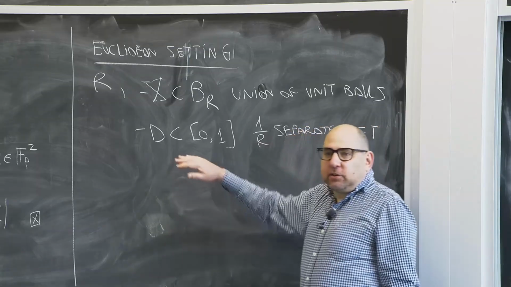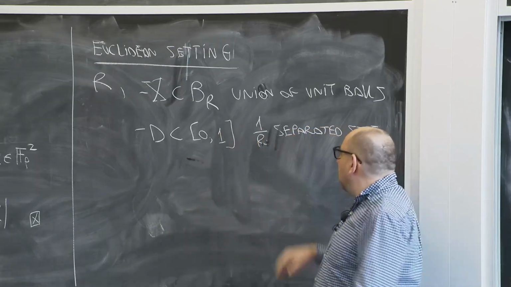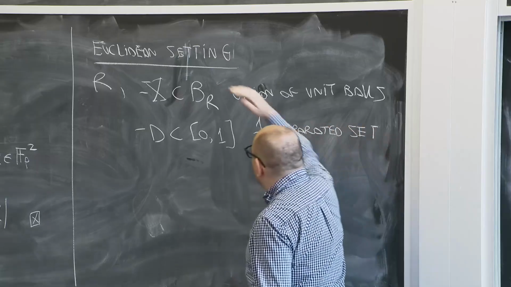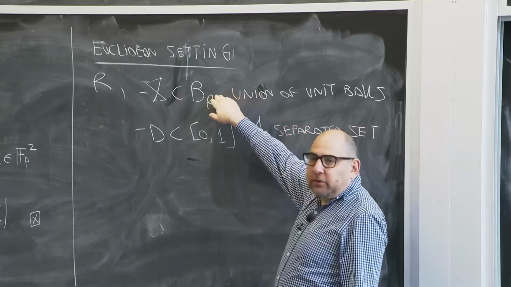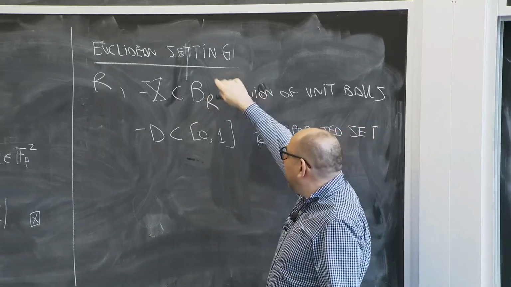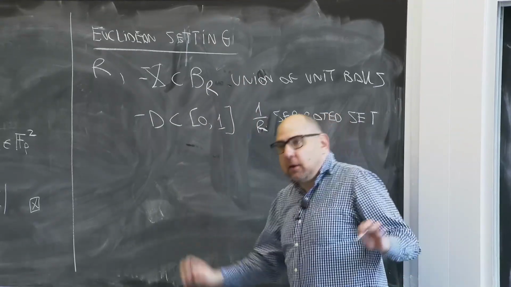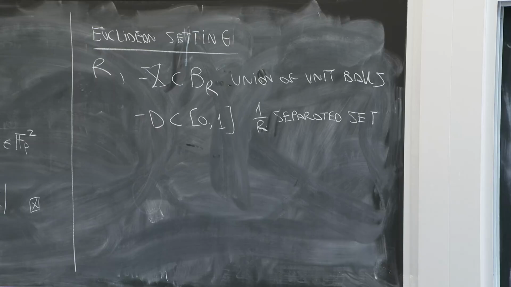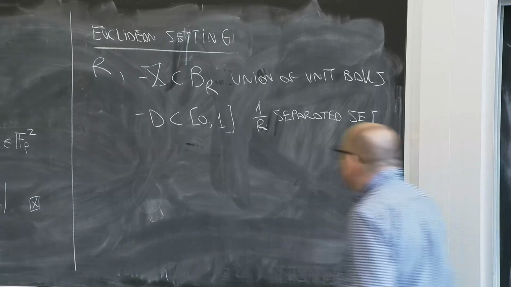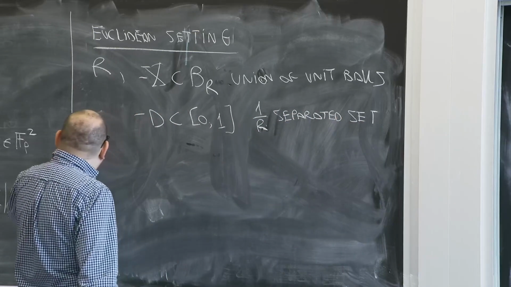OK, so D is a finite set of directions. They are separated by the scale 1 over r. And x is a union of unit balls in B_R. So we measure x by Lebesgue measure. We measure D by cardinality and use bars in both cases. I think this is the convention you've been using in this course. And, well, we would like the following.